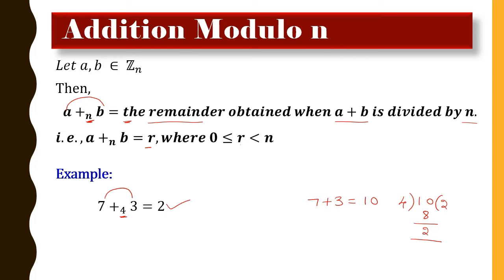Therefore we got 2. Similarly, 12 addition modulo 6, 17. What is the answer? Again you add 12 plus 17, that is 29. Divide 29 by 6. 6 fours are 24. Therefore the remainder is 5. So we got 5.